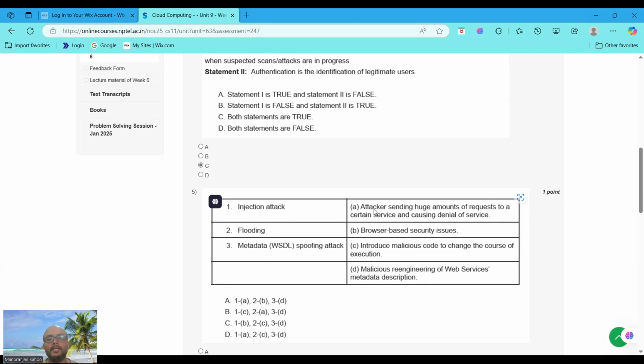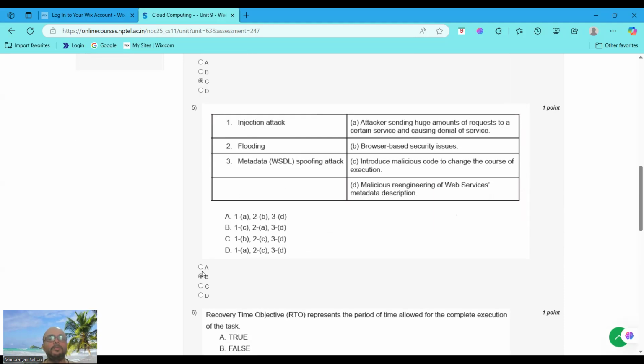Two, option A, flooding, is the attacker sending a huge amount of requests to a certain service and causing denial of service. And the third one, metadata or WSDL spoofing attack, means malicious re-engineering of web services metadata description. So one option C, two option A, and three option D. This is option B. You can choose B.